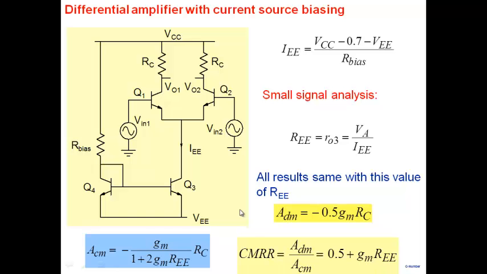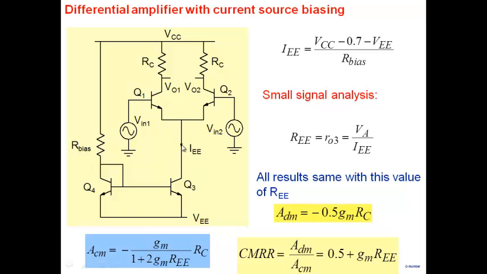If you're not happy with that value of CMRR, you want even higher. What do you do? Look at this expression for CMRR, 0.5 plus GM RE. You want even higher values of CMRR. So the strategy again in CMRR is that if you want, you look at RE. How do you increase RE?